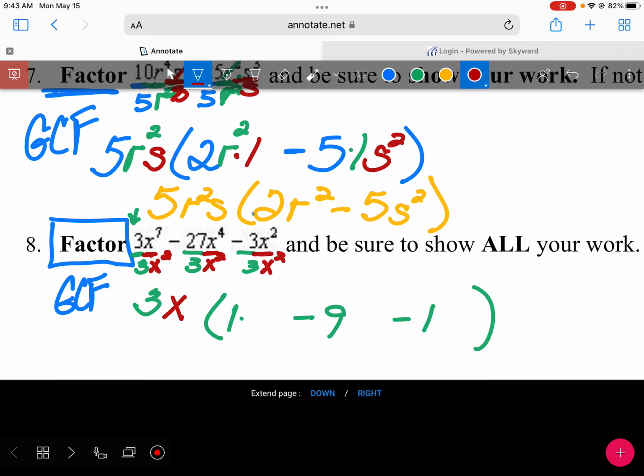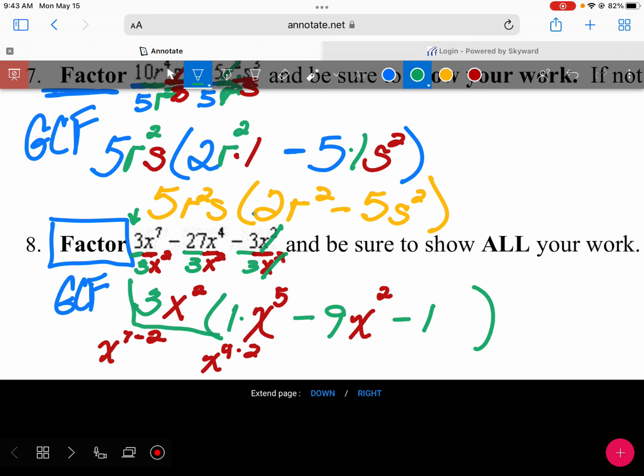So the x squared is part of the greatest common factor. x to the 7th divided by x squared is x to the 7 minus 2, which is x to the 5th. Minus x to the 4th divided by x squared. x to the 4 minus 2 is x to the 2nd. And x squared divided by x squared, those cancel out. And we just have 1 left.